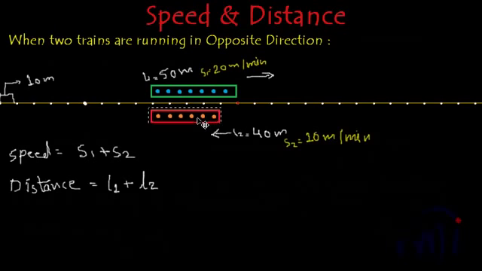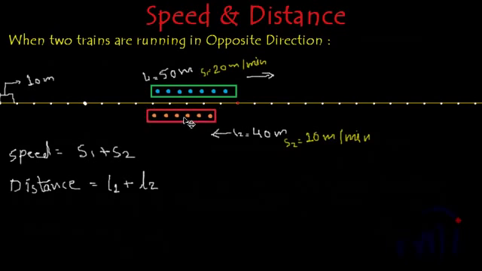So it has to travel some more distance so that its rear end also crosses the green train, and in order to do that, it actually has to take its whole length out of the green train, right? So it has to travel a distance equal to its length. How much distance is it traveling?